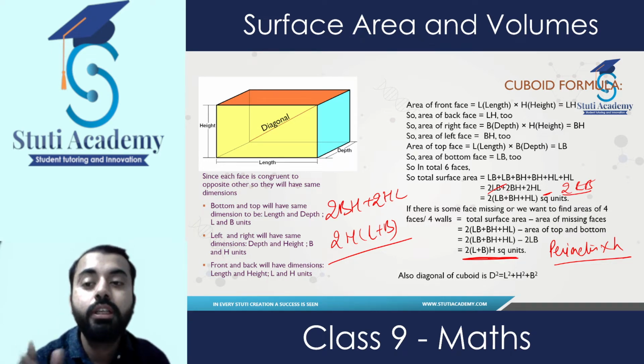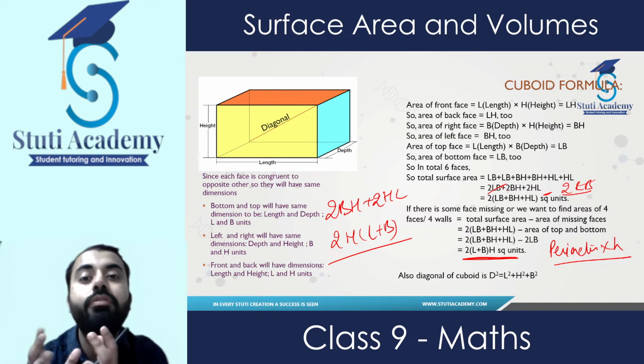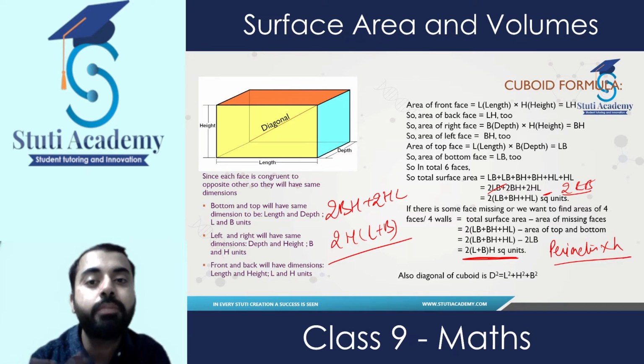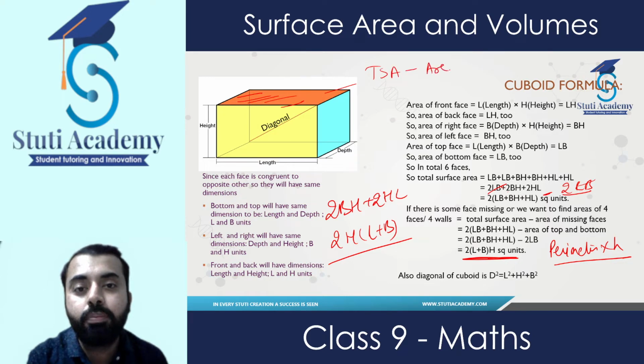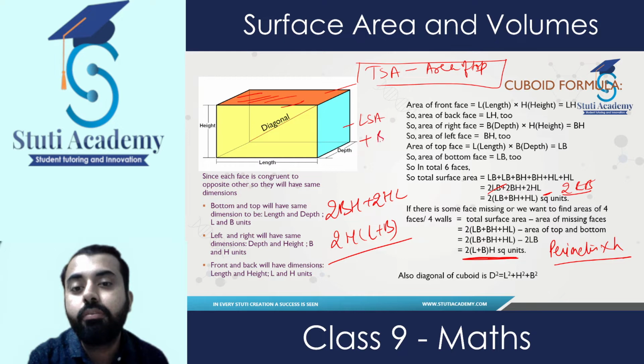Or you can pick your lateral surface area or your curved surface area. That means pick the area of only walls, and add the area of that face that you want extra. Let's say if I did not want the top face, I could subtract the area of top from the total surface area, or I could take the lateral surface area plus the area of the face I want.